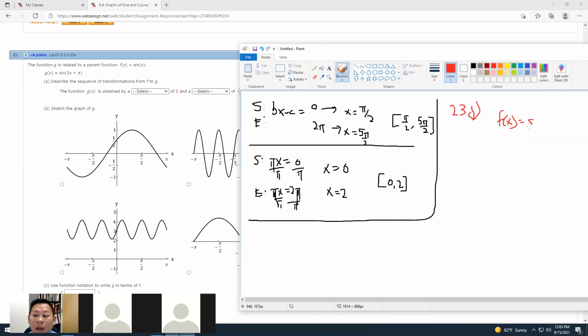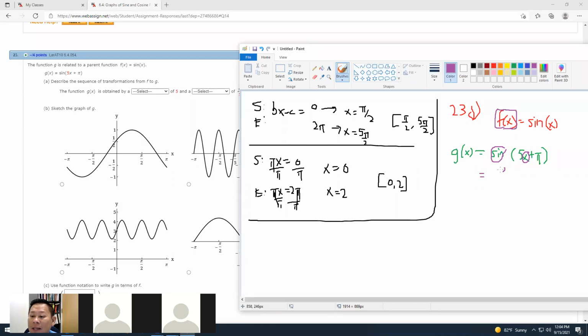For question 23, g of x is given by sine of 5x plus pi. So if you want to write g of x in terms of f of x, we know that f of x in this case is sine x, so your sine x is going to be replaced by f of x.